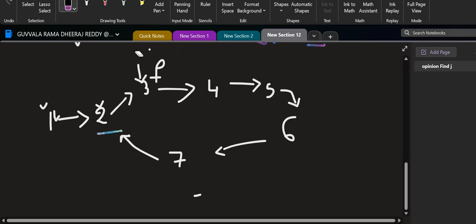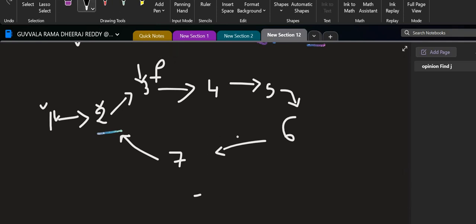Then slow pointer, one, two, three, and slow pointer will come to here. And in this situation fast pointer will go to here. Slow pointer will come to here.